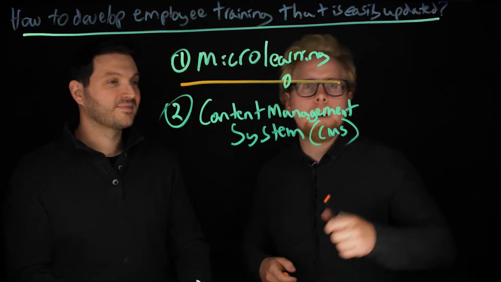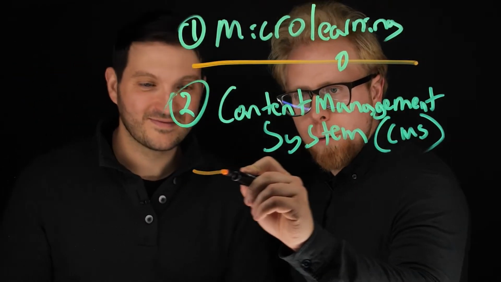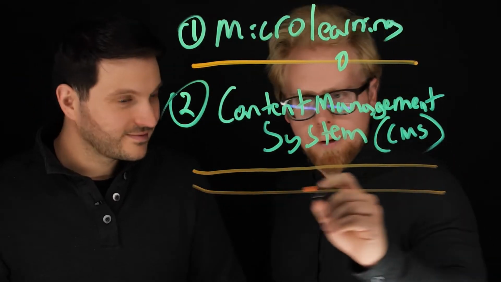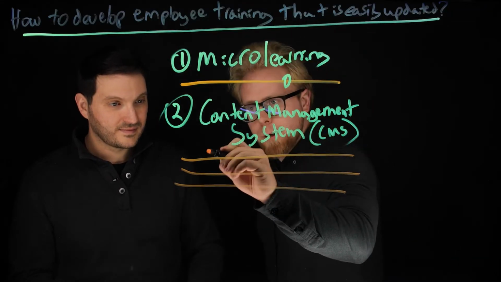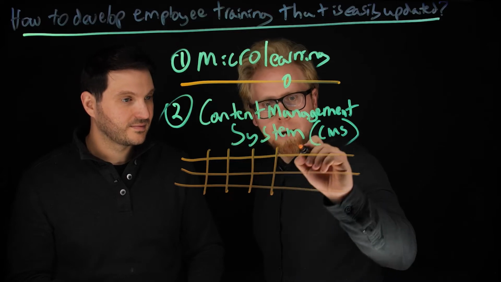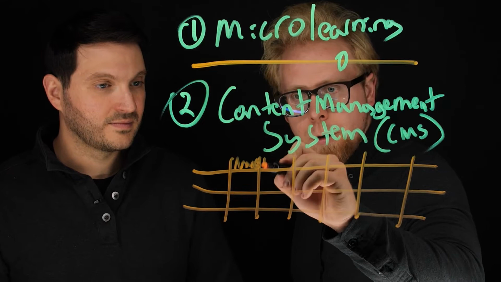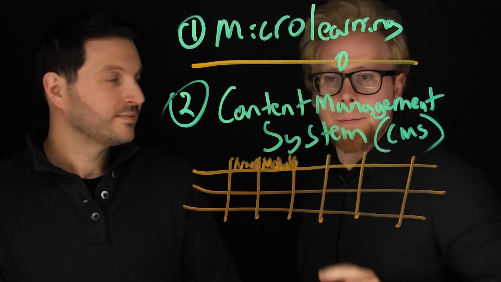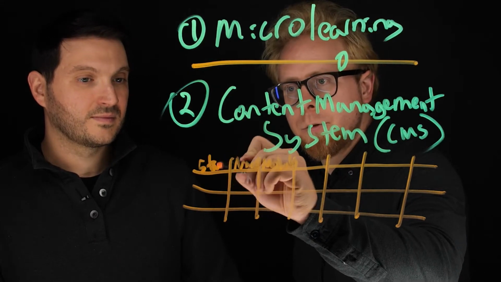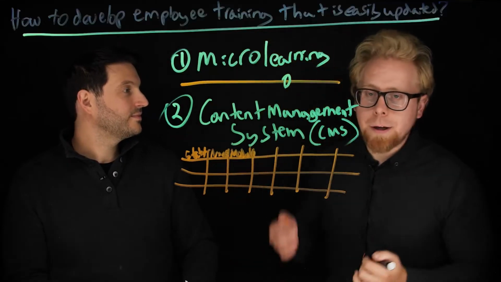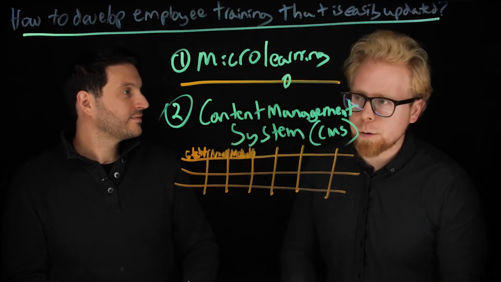Every row of the sheet is going to be a piece of content, and the columns can be whatever you want. You're going to want the content name, a module number so you can keep track of it, and a status column so you know what needs to be updated and what doesn't.